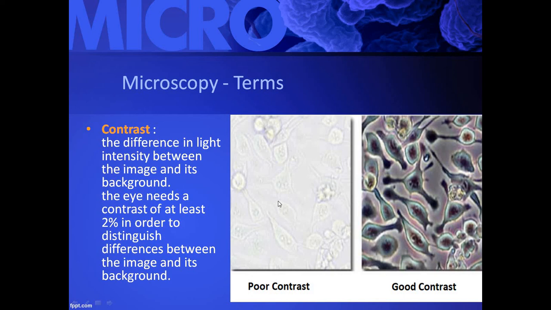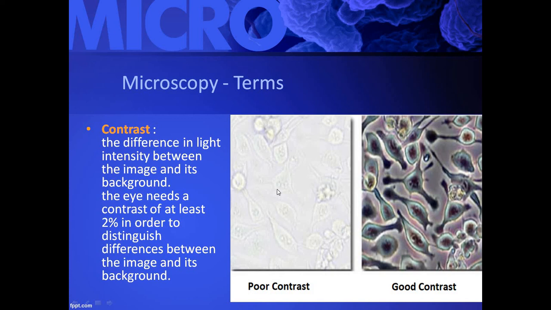So you can see this image, you can't differentiate that much between the specimen and its background. We say this has poor contrast because the eye needs a contrast of at least 2% in order to distinguish the differences between the image and its background.